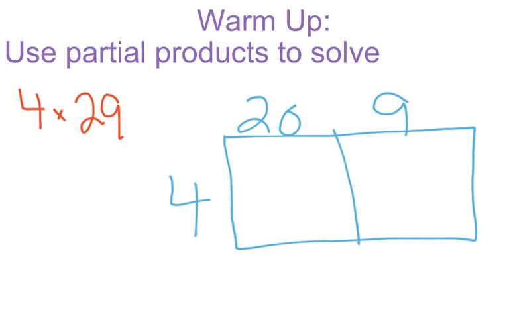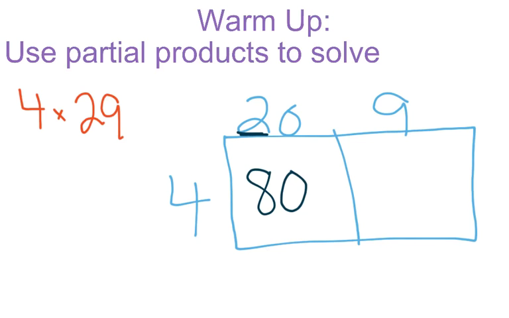Alright, so I have set up my partial products table to work with, and I know that 4 times 20, or 4 times 2, is going to give me 8, and I have my 0 left, so I'm going to add that down here.